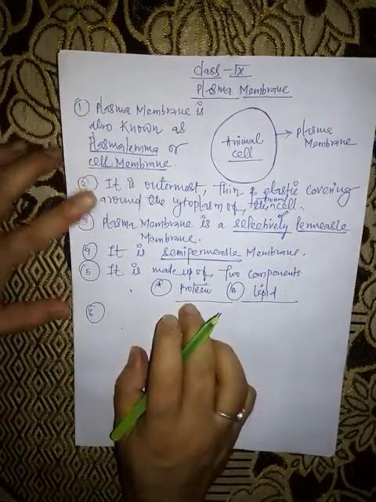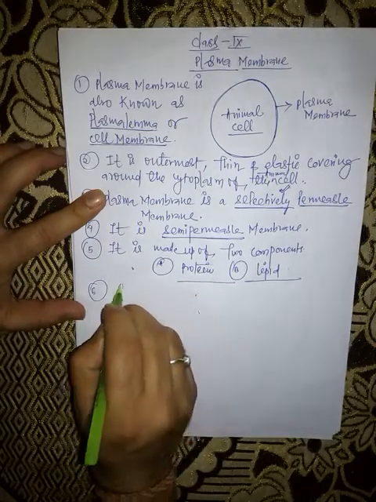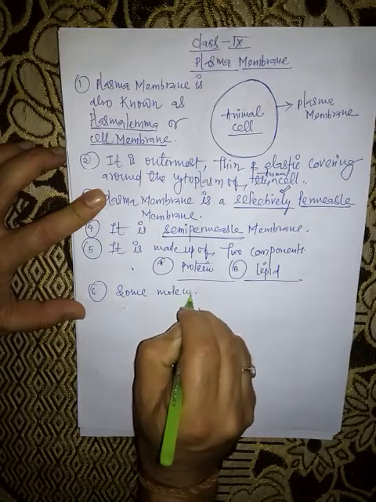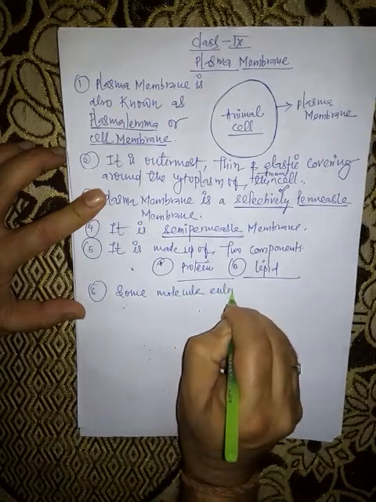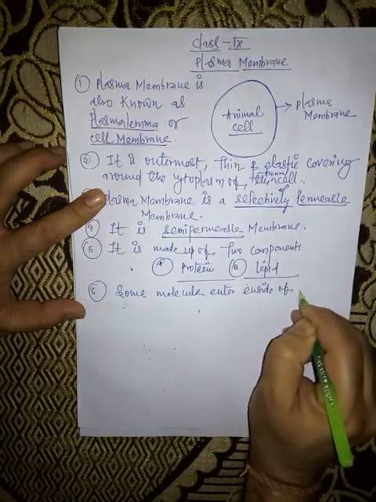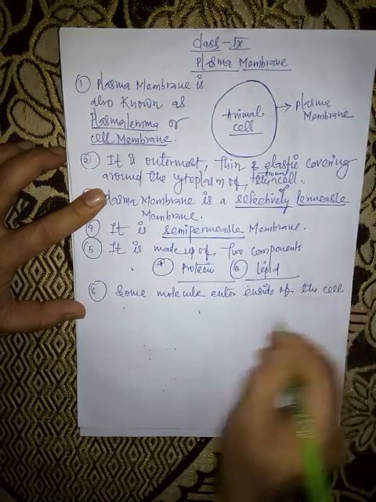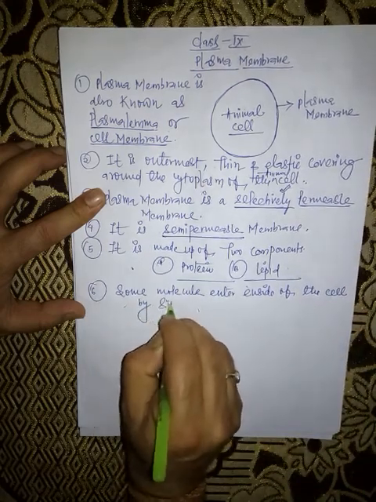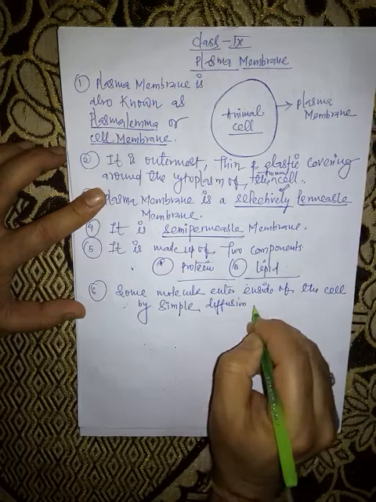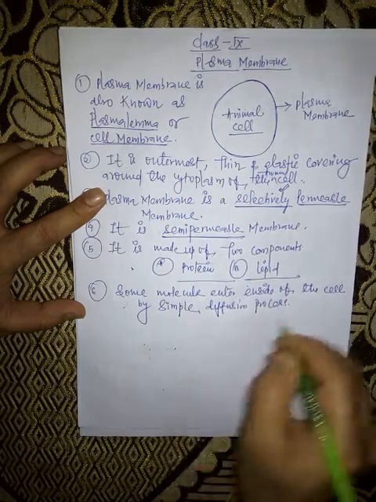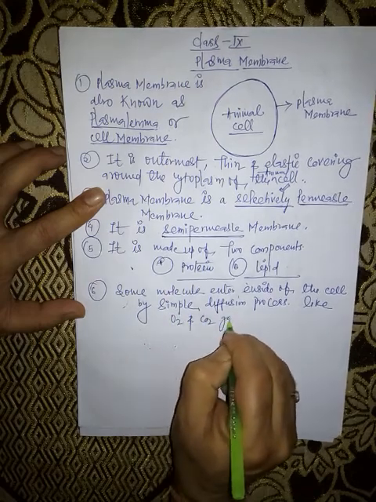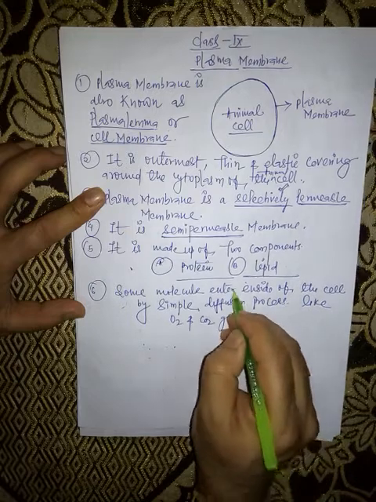Next point, some molecules enter inside the cell by the simple diffusion process, like O2 and CO2 gases.